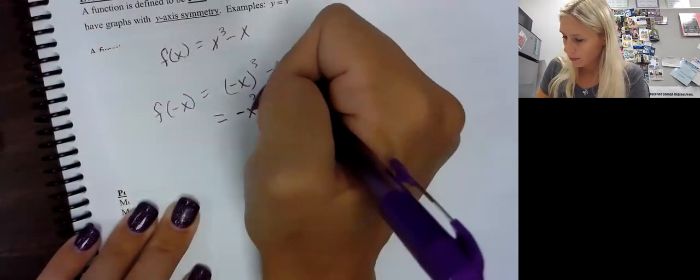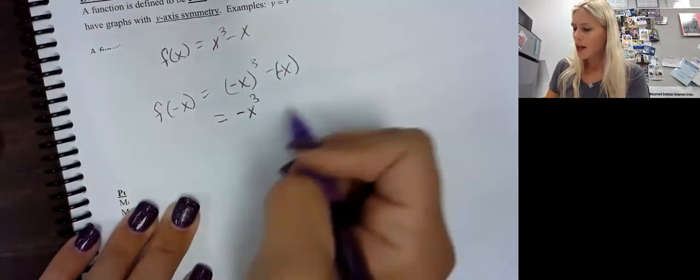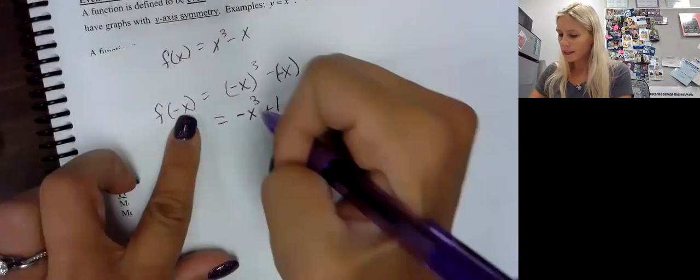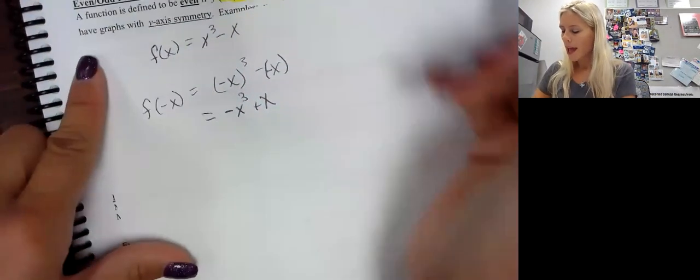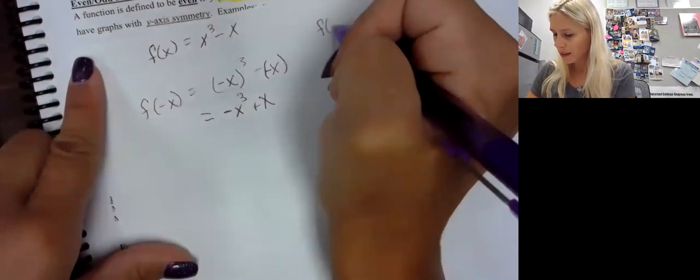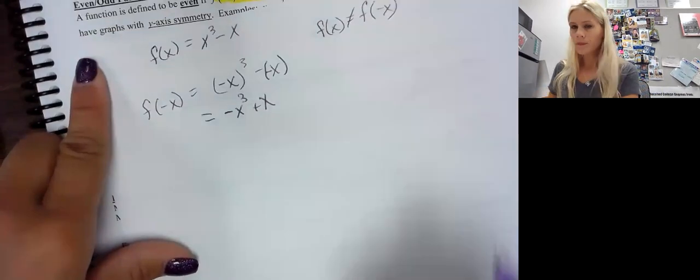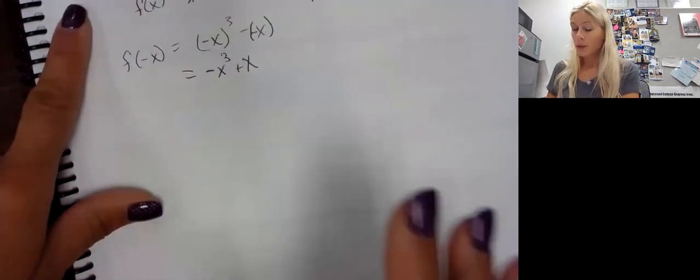And I'm plugging in a negative x here. A negative times a negative is a positive. So as you can see, f of x does not equal f of negative x. Okay? So it's not even.